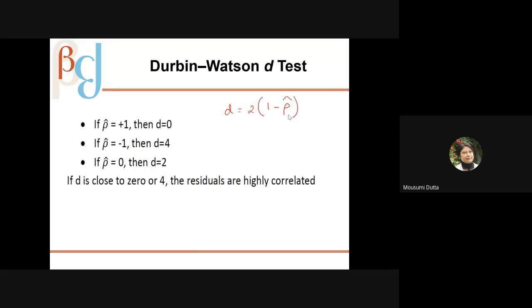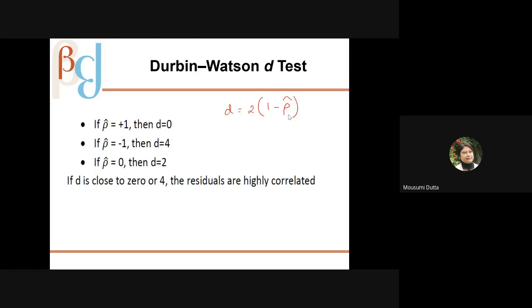So what we are finding is that D equal to 0 indicates perfect positive correlation between the two error terms. D equal to 4 indicates perfect negative correlation between the two error terms. D equal to 2 indicates there is no correlation between the error terms.